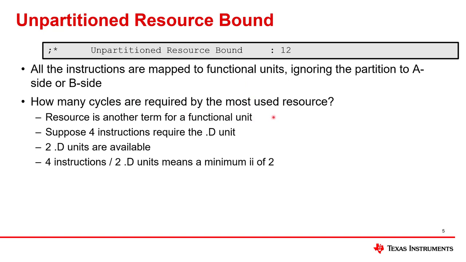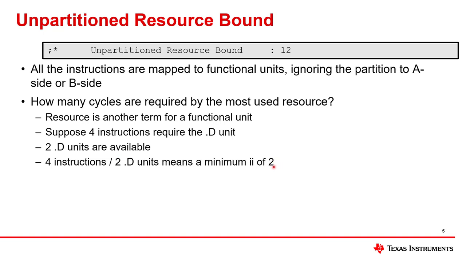So let's walk through an example. Resource is another term for a functional unit. Suppose that in the instructions required for this loop, 4 of them require the D unit, and there are 2 D units available. So 4 instructions divided by 2 D units means the minimum II this loop could be, with regard to this specific situation, is 2.